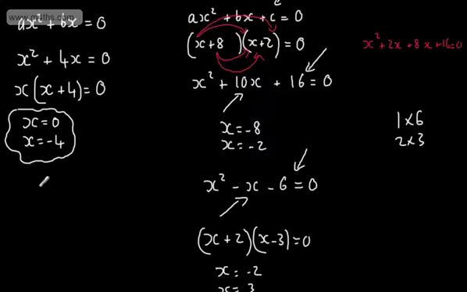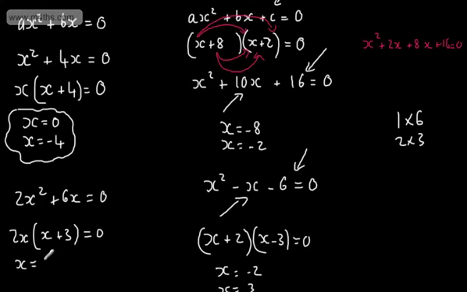So for example, let's say 2x squared plus 6x is equal to 0, we could take a common factor of 2x out, and that would leave me x plus 3, and that's equal to 0. So if 2x is equal to 0, then x would be equal to 0, or if x plus 3 is equal to 0, x is equal to minus 3.